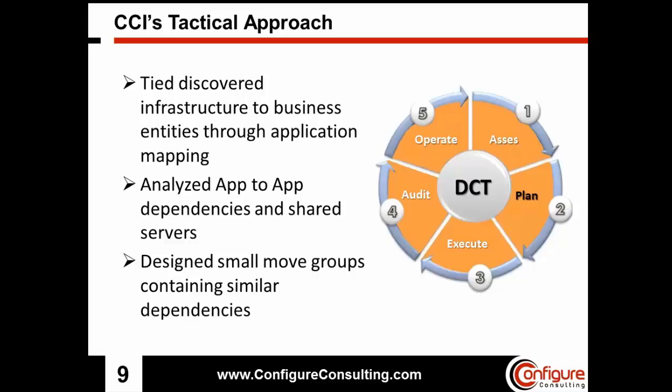So we had to schedule these move events around the business, when certain applications had to be online, when they were used most, and schedule them around potentially 3-day weekends as well. If the move group was so large that we didn't feel comfortable doing it in just a regular weekend, then we had to schedule them on 3-day weekends, or even potentially 4-day weekends if it was Thanksgiving. So the takeaway is the smaller the move group, the lower the risk.